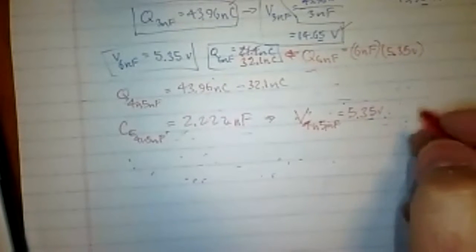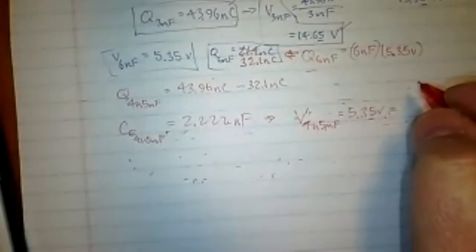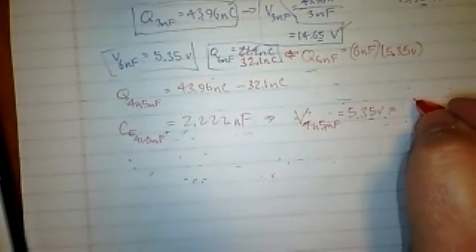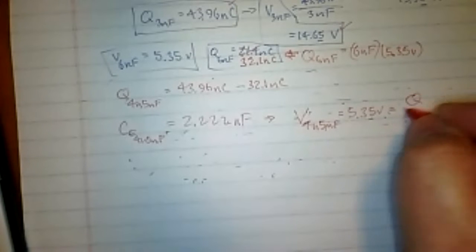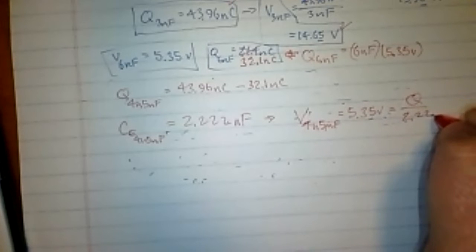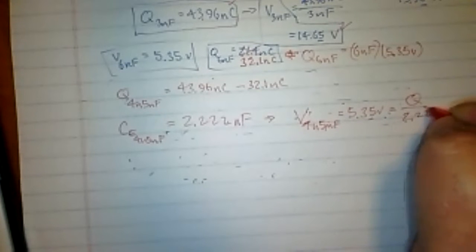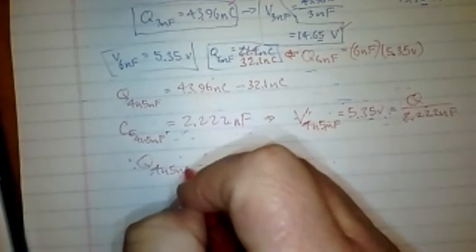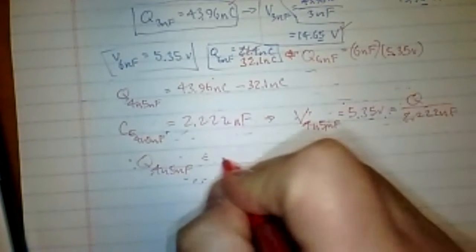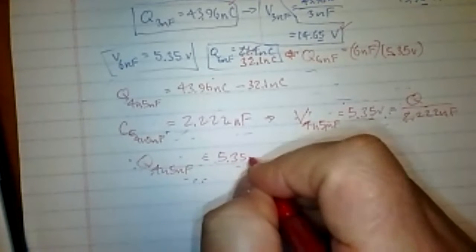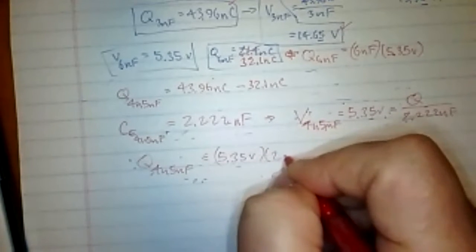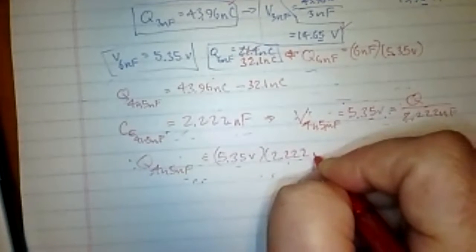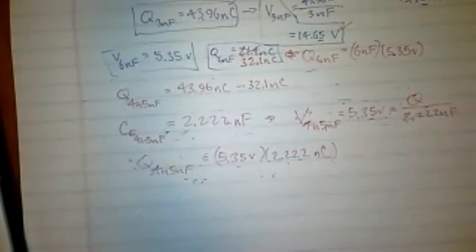Now I know that has to equal, of course, the charge divided by the capacitance, and the capacitance was 2.222 nanofarads. So I can say that the Q for the 4 and 5 nanofarad is going to be equal to 5.35 volts times 2.222 nanofarads.